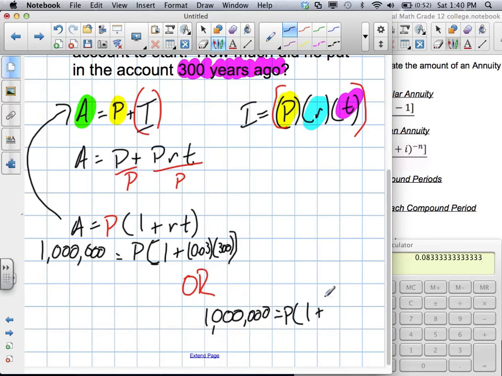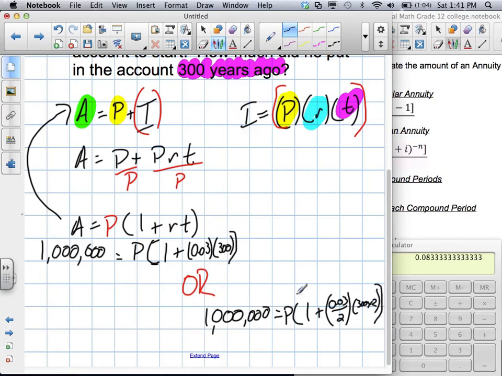So we don't receive 3% at the end of every year. We're going to receive half of that semi-annually. So I'm going to take 0.03 and divide it by 2. But if it's for 300 years and I receive interest every half year, how many periods passed? 600. We multiplied 300 times 2.